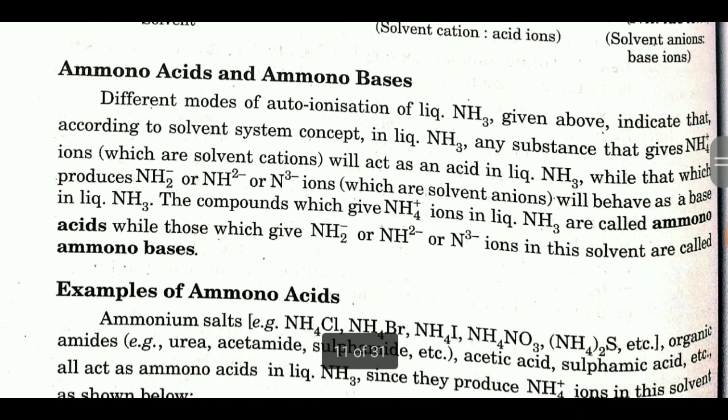Amino acids and amino bases. Different modes of autoionization of liquid NH3 given above indicate that according to solvent system concept, in liquid NH3, any substance that gives NH4+ ions, which are solvent cations, will act as an acid in liquid NH3, while that which produces NH2-, NH2- or N3- ions, which are solvent anions, will behave as a base in liquid NH3.